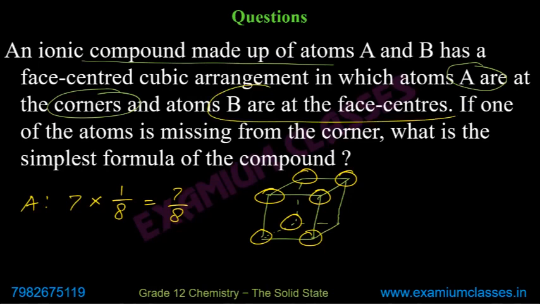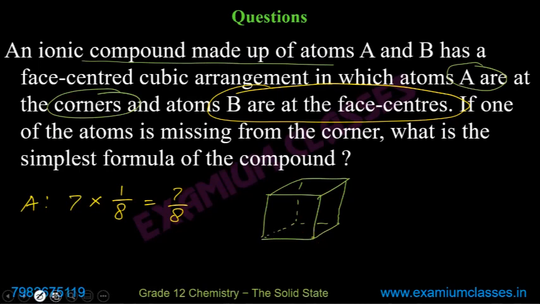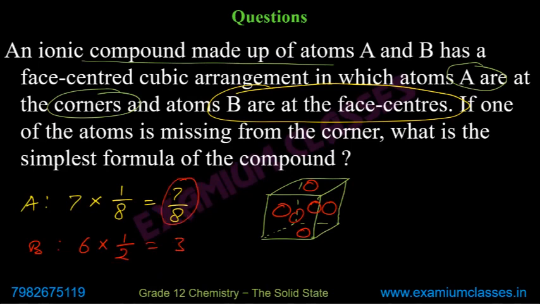Contribution of B is for face center, meaning B is present on all faces. So if I see here, left, right, top, bottom, front, back, all 6 faces, but the contribution at a face is half. So B will be 6 faces and the contribution of each is half, that is 3. So A contribution 7/8, B 3.